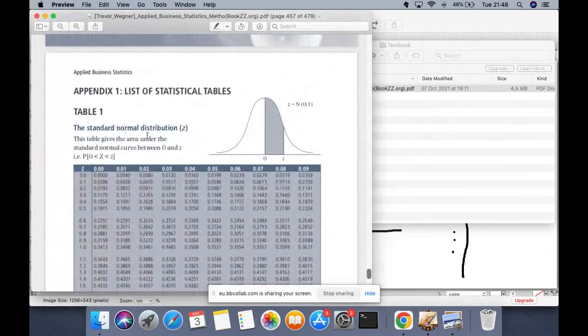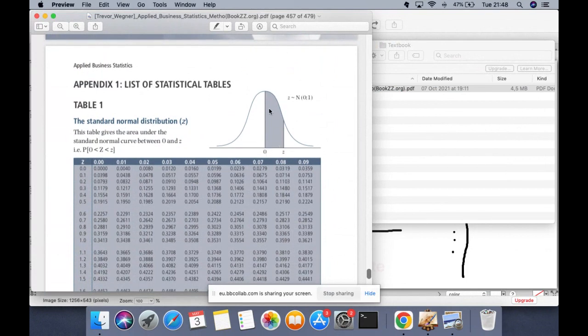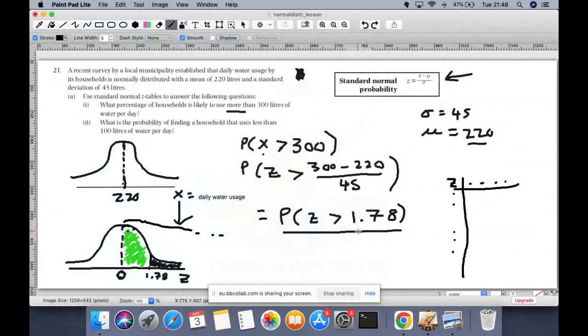That's what I'm talking about. There's the standard normal table, the Z table. If you look at the diagram on the top, it's showing you that the area shaded from 0 to any Z value is what it will give you inside this table. You just need to tell it what the Z value is. In our example, our Z value is 1.78.